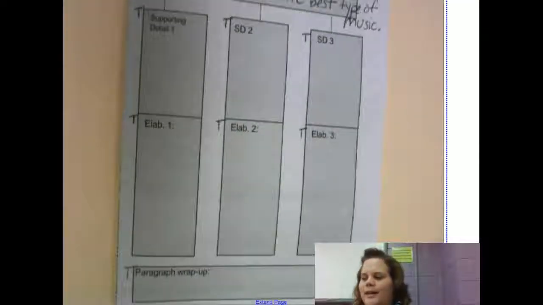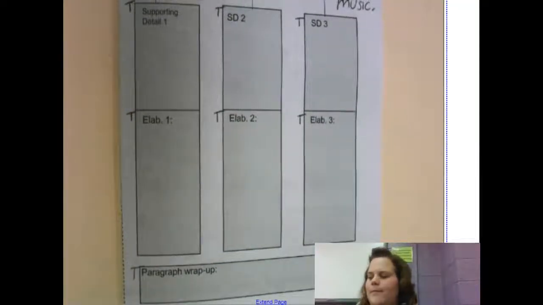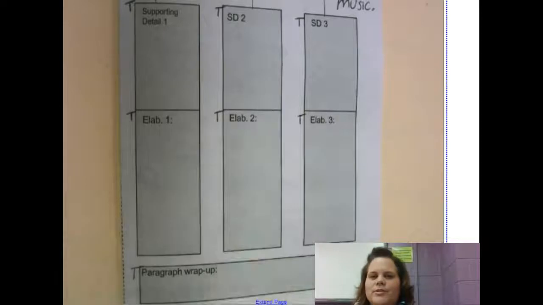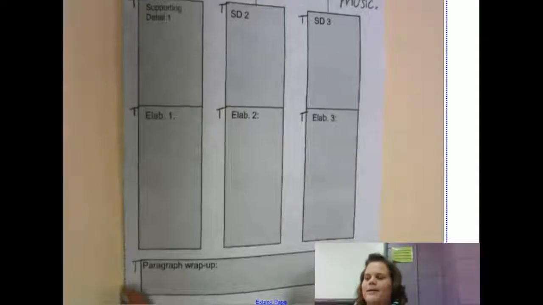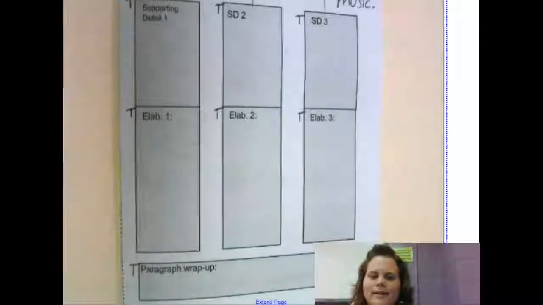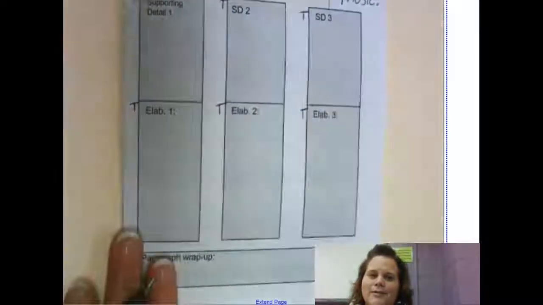And then when you wrap it up, you say something purposeful, not that is why it's the best type, but use something from this. The way it makes you feel certainly contributes to it being the best or something. Wrap it up, talking about the music, talking about your topic sentence.